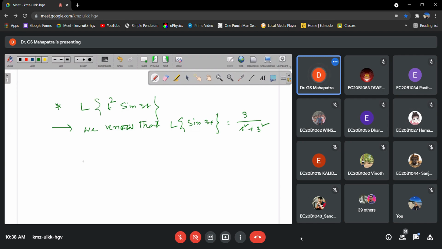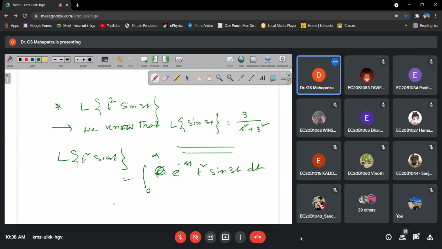So now Laplace transform of t square sin 3t. If you don't know these properties, the earlier property, what we have to do? Integral from 0 to infinity of e to the power minus st t square sin 3t dt. Can you find this one? How much time it will take?